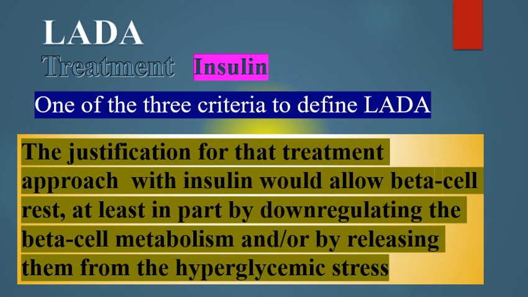also it will relieve the stress on the patient from the continuous state of hyperglycemia. So it is better to put the patient on insulin as soon as the diagnosis is made.